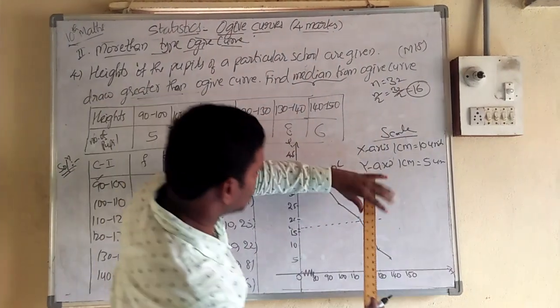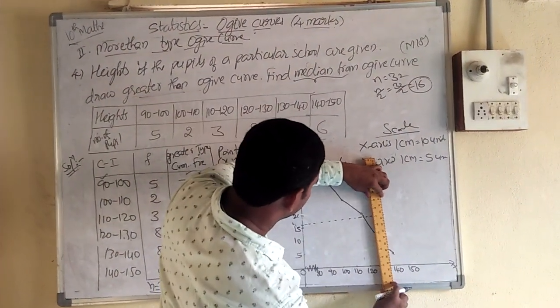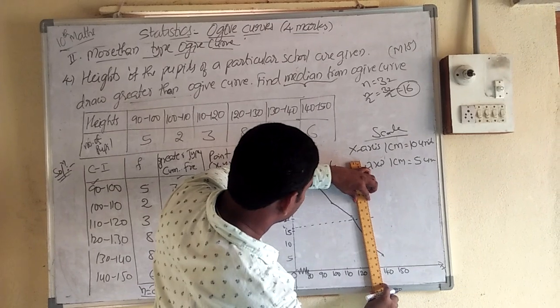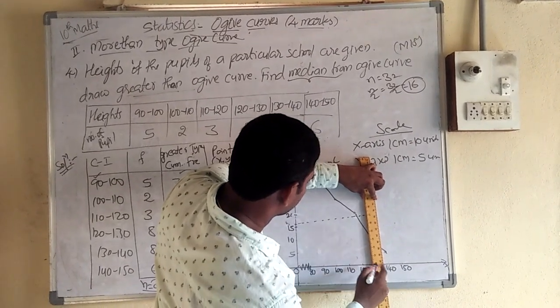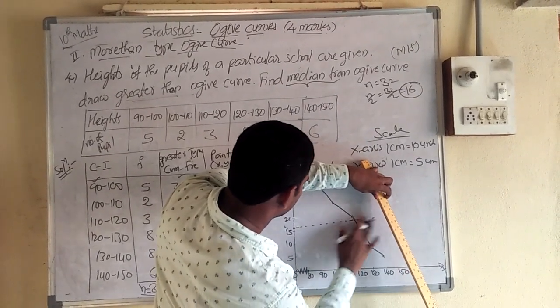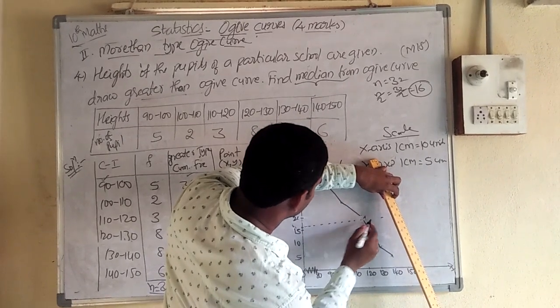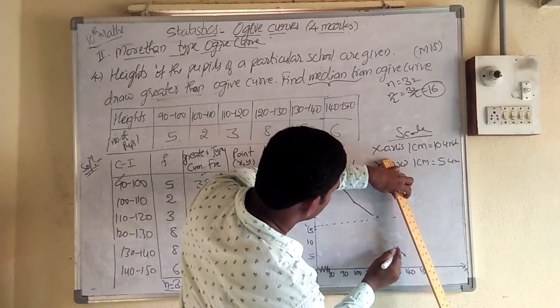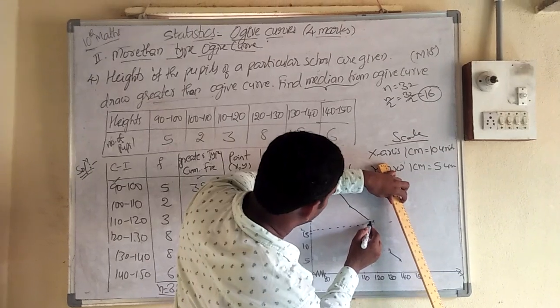given graph and join from here to the x-axis. Small mistake here.